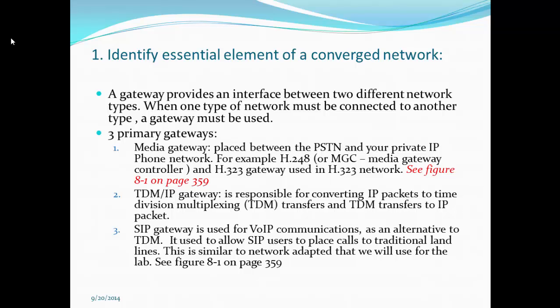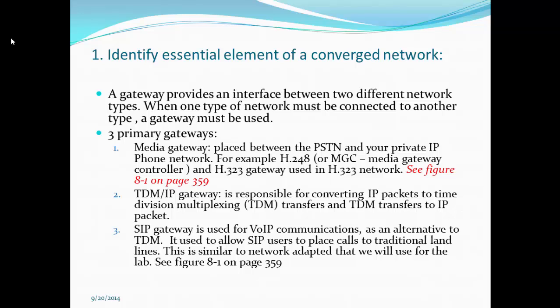The first one is the media gateway, which is placed between the PSTN and your private IP phone. For example, H248 or MGCP is called Media Gateway Control Protocol, and H323, which is used in an H323 network. This can be referred to in your textbook on page 359, figure 8-1.